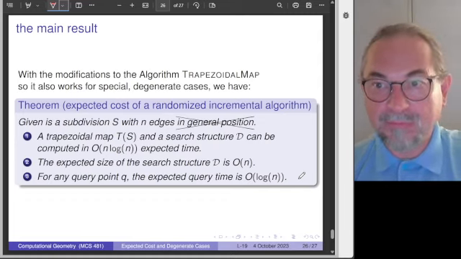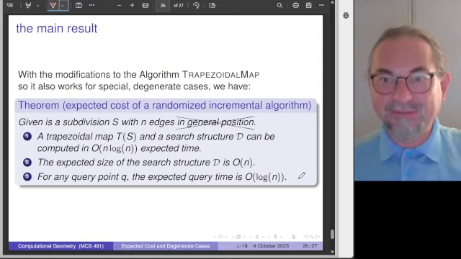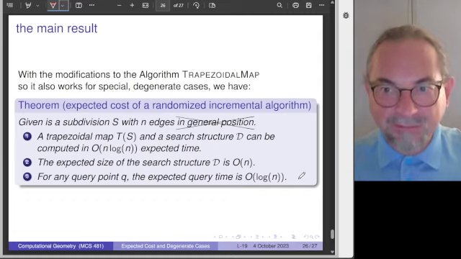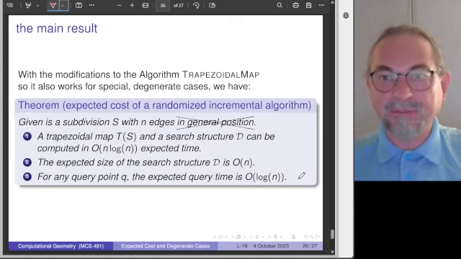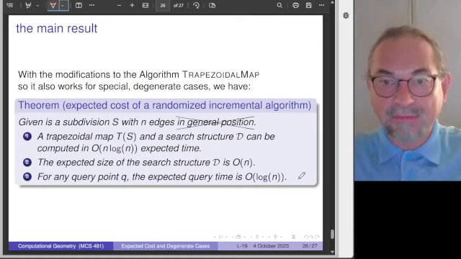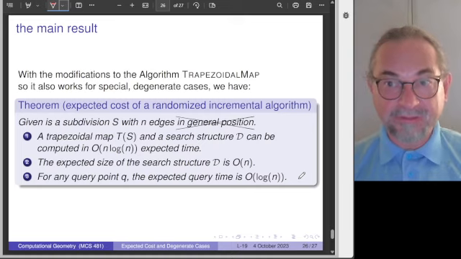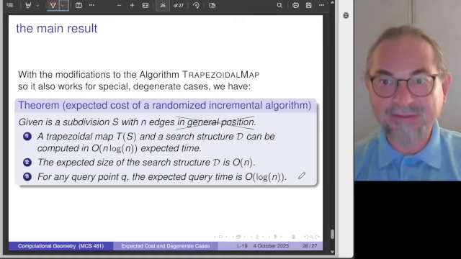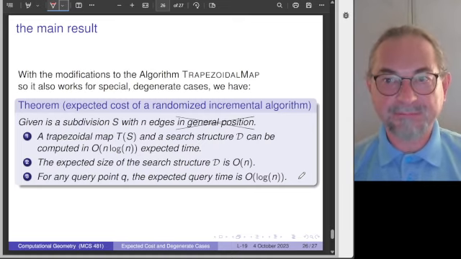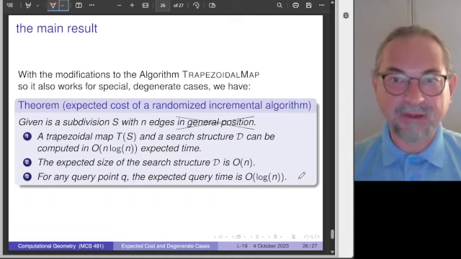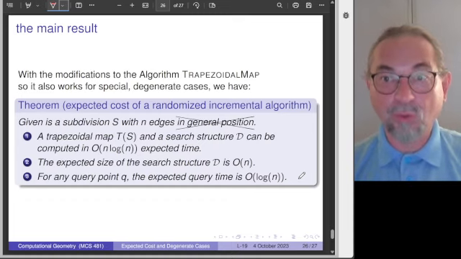You can have 1,000,000 segments, and I don't know if you can afford 1,000,000 segments on your maps, but 1,000,000 is 2 to the power 20. Your query time will still be expected 20 steps. 20 steps that you have to do, and you can locate yourself on the map.